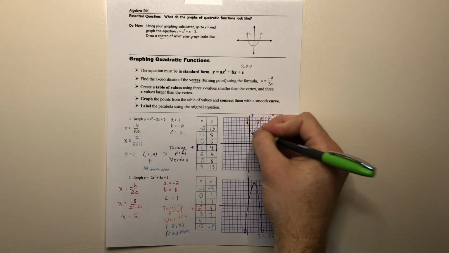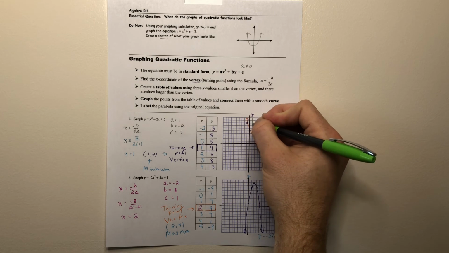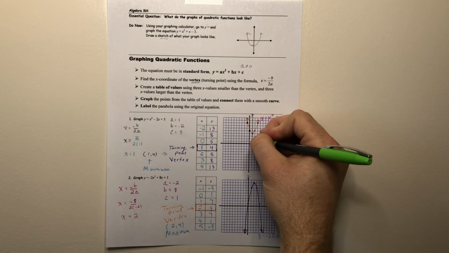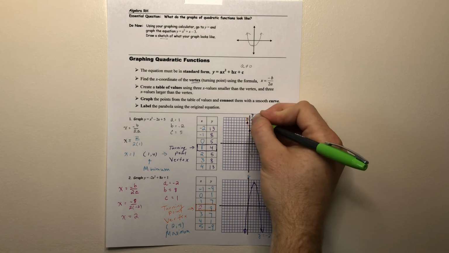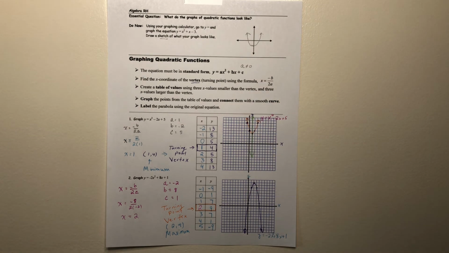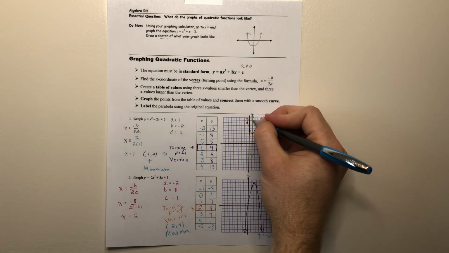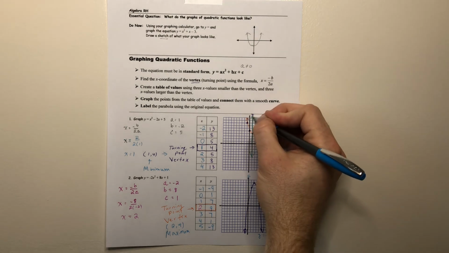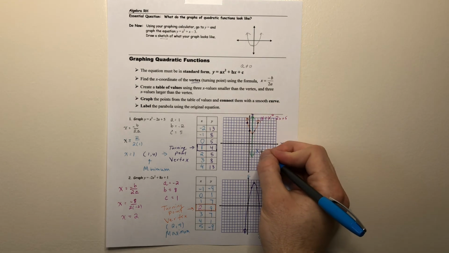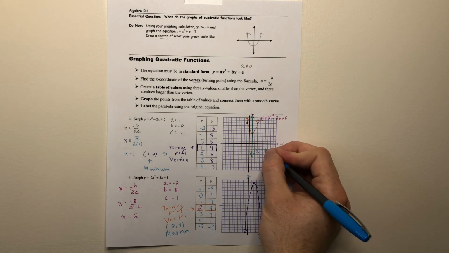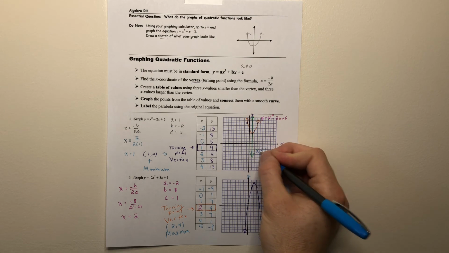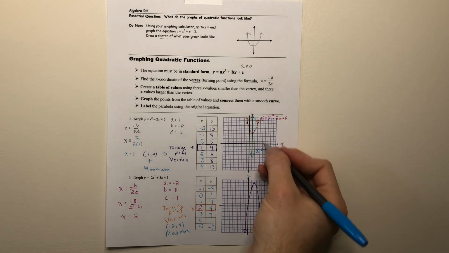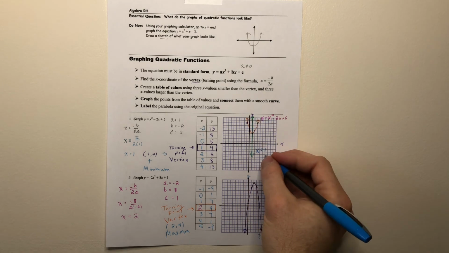So if I just go right down through here, this line, let me use a different color. This line here, which by the way is x equals 1. Remember, all vertical lines are x equals a number, so this is our axis of symmetry.